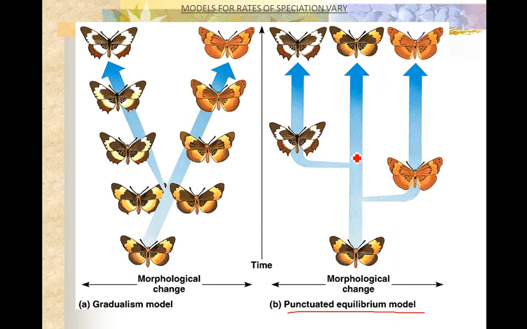So imagine them over here. They're the same species. Two different species here. Now, two different species here. You'll notice there's not much change for this one. What gradualism said was that there's subtle changes, and every time there's a change, you'll see it. It doesn't happen like that.